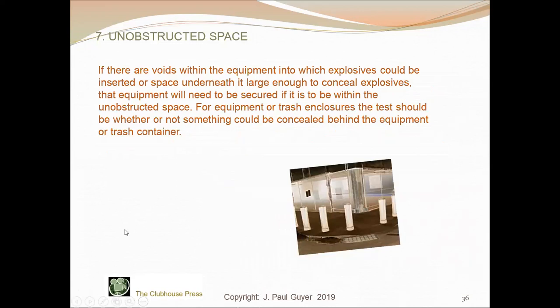If there are voids within the equipment into which explosives could be inserted, or space underneath it large enough to conceal explosives, that equipment will need to be secured if it is to be within the unobstructed space. For equipment or trash enclosures, the test should be whether or not something could be concealed behind the equipment or trash container.